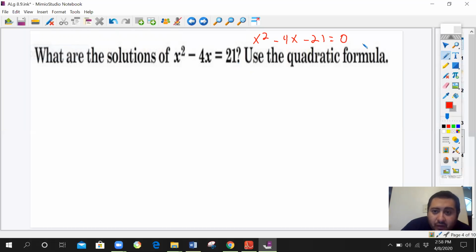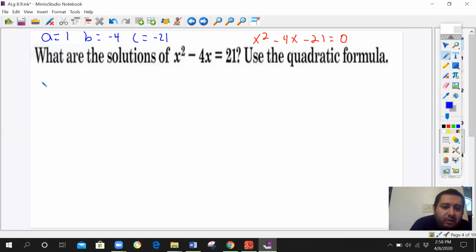All right. Our next step, label. Don't forget. Your A is going to be 1. Your B is going to be negative 4. And your C is going to be negative 21.